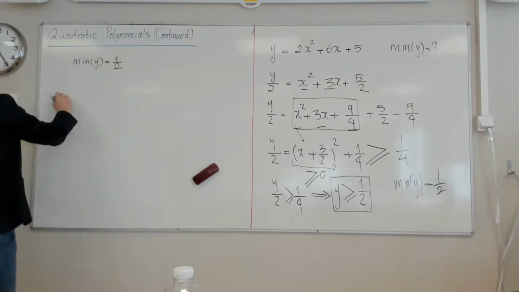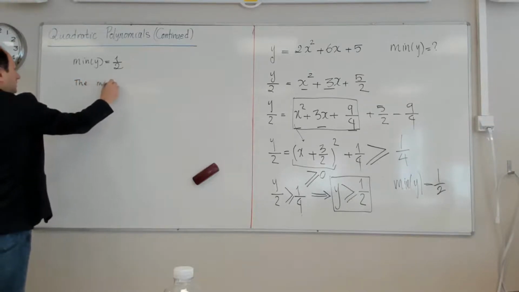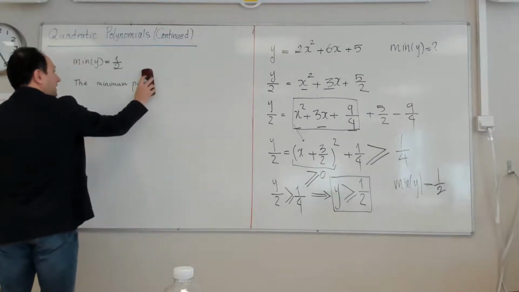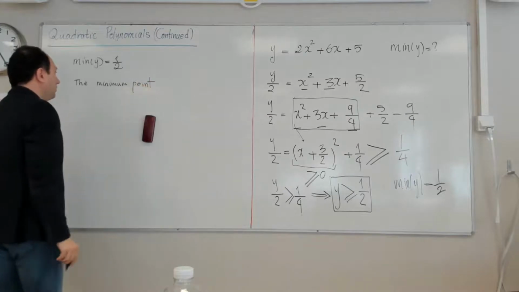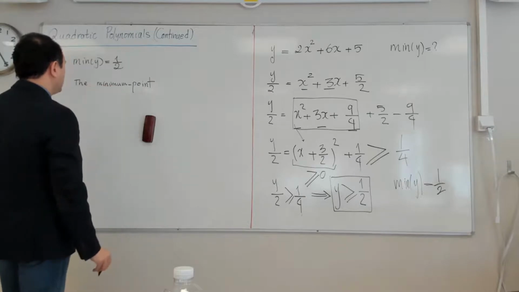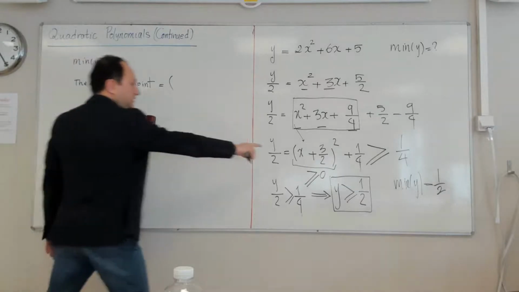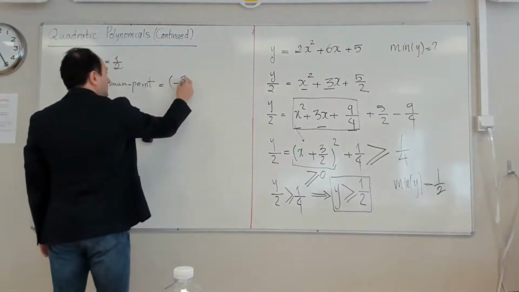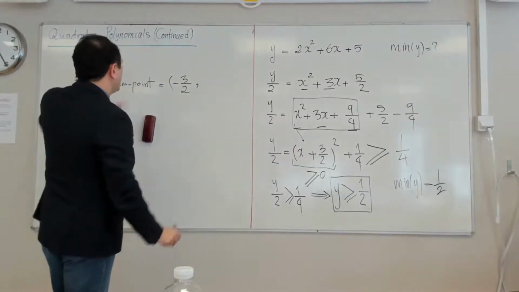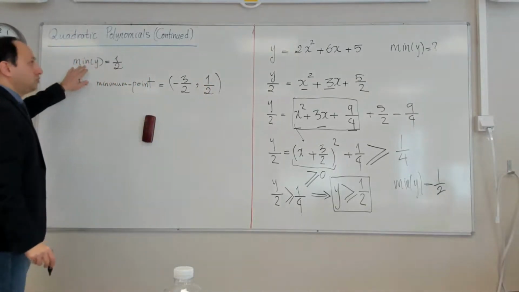And then if I ask you what is the minimum point, or I can ask you what is the turning point, or I can ask you what is the extreme point, I would prefer the minimum point because I am also characterizing the behavior of the point, minimum. The x coordinate is -3/2, the one that makes this one equal to 0, and the y coordinate is 1/2.